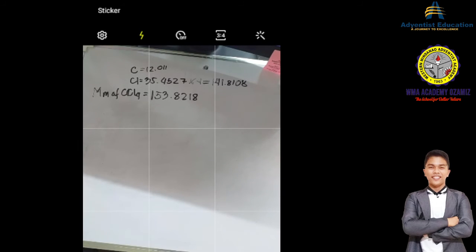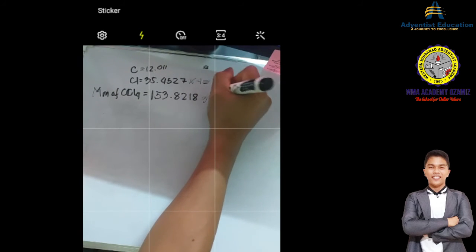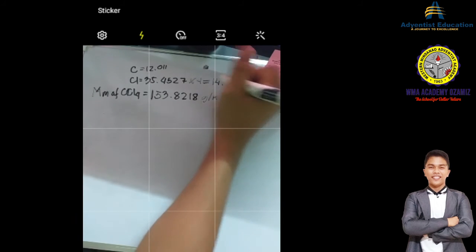Now, what we should do next is, this is grams per mole. Okay, equivalent to grams per mole.